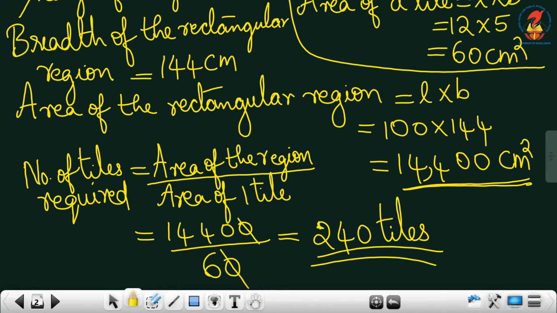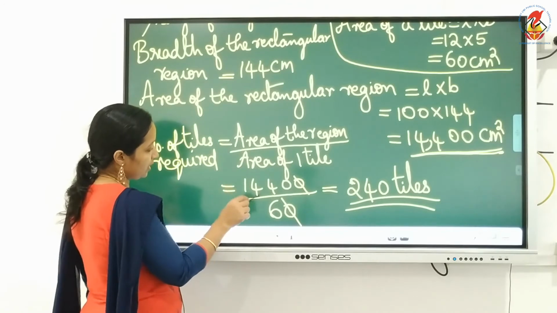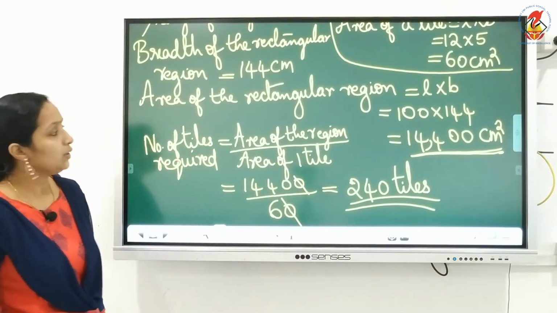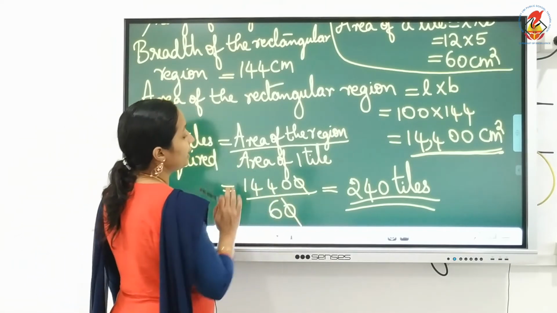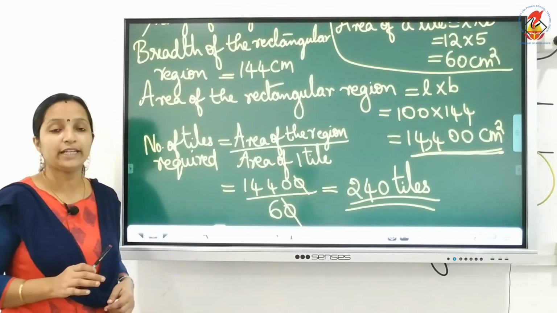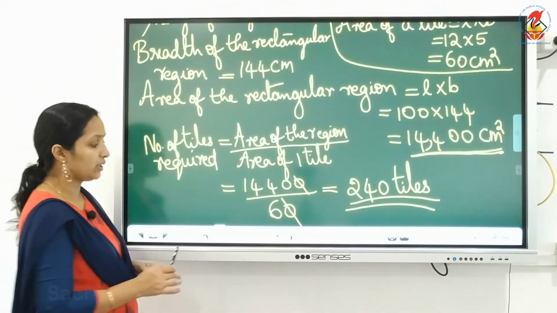Do the normal long division. 6 2s are 12, 24, 0. So 240 tiles you will get. We need 240 tiles to cover the first rectangular region.